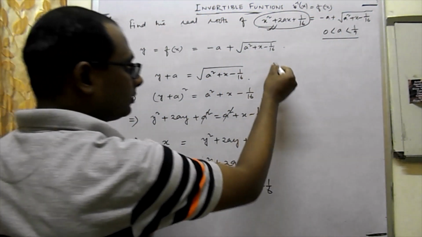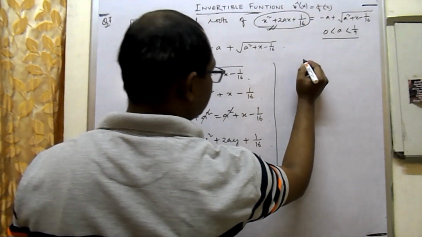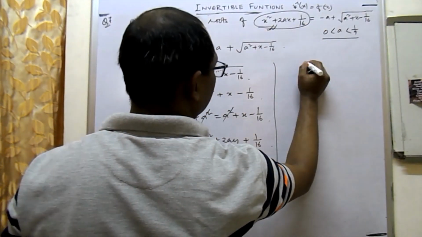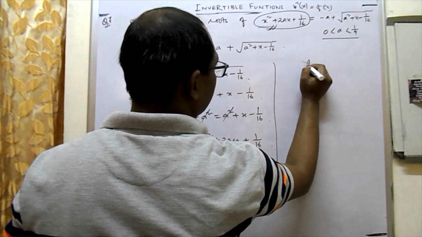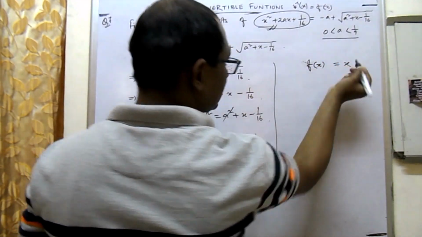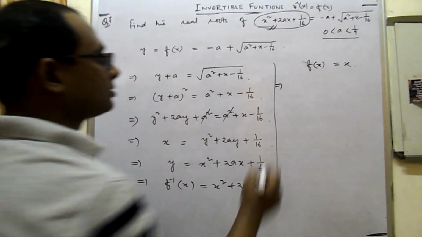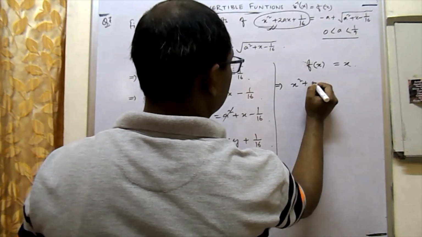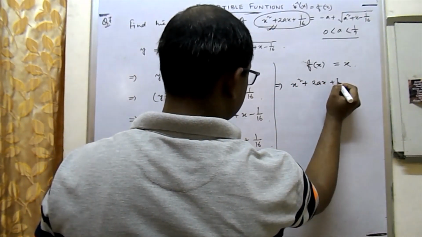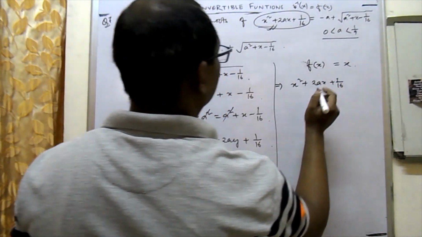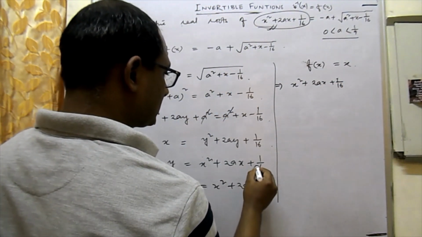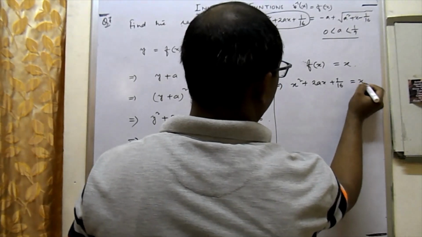So ultimately this equation is looking like f inverse of x equals f(x). Okay, so we know that f inverse of x equals f(x) means they intersect at y equals x. So by virtue of that, f(x) equals x is the solution. So we'll get x square plus 2ax plus 16 equals x.